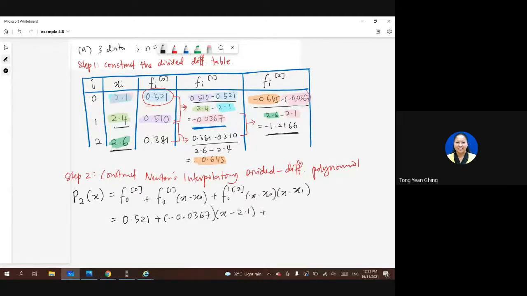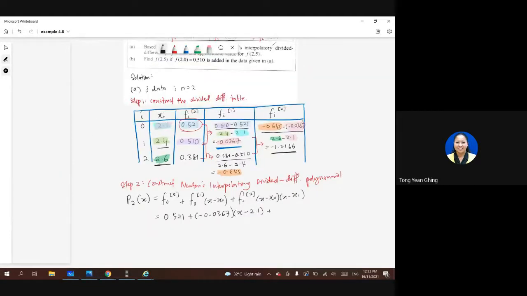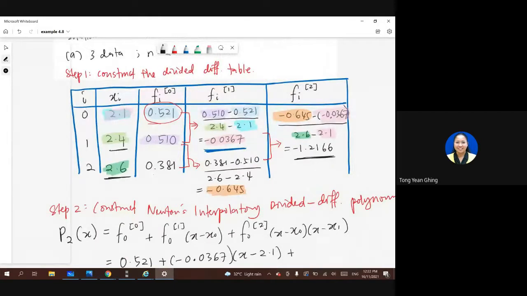Saya tak tulis tadi. Mungkin awak pening. So here, sorry, here I should put it, this is a F0 0 degree. This is a F0 first degree. F1 first degree. F0 second degree. Macam ni.